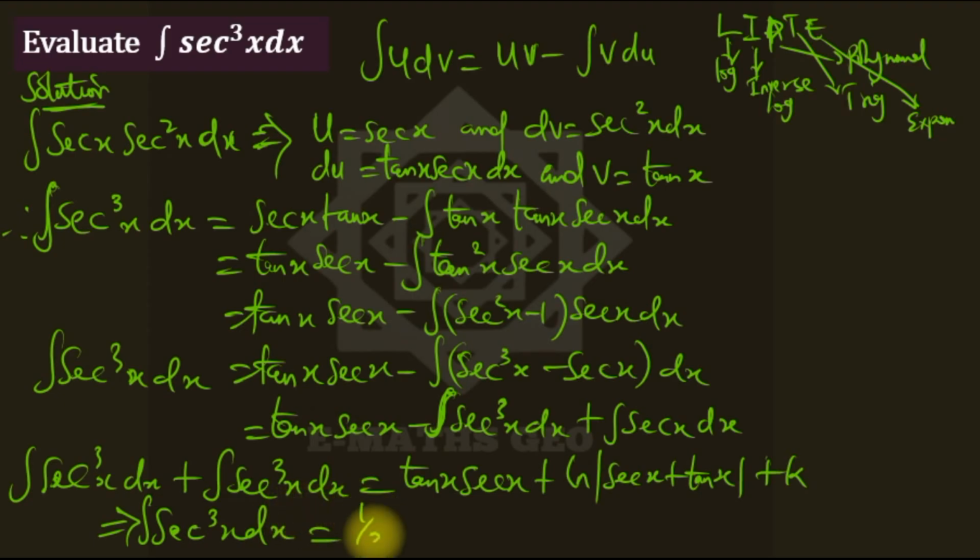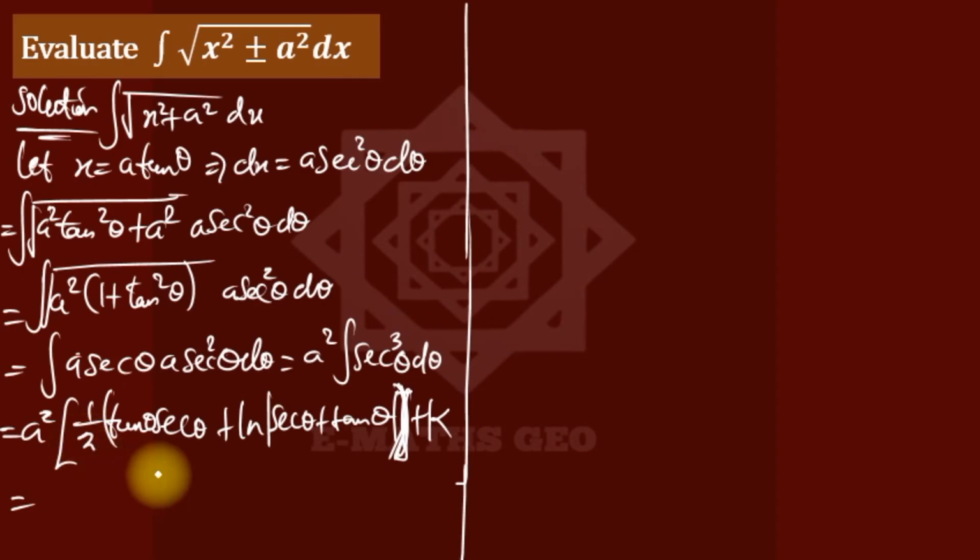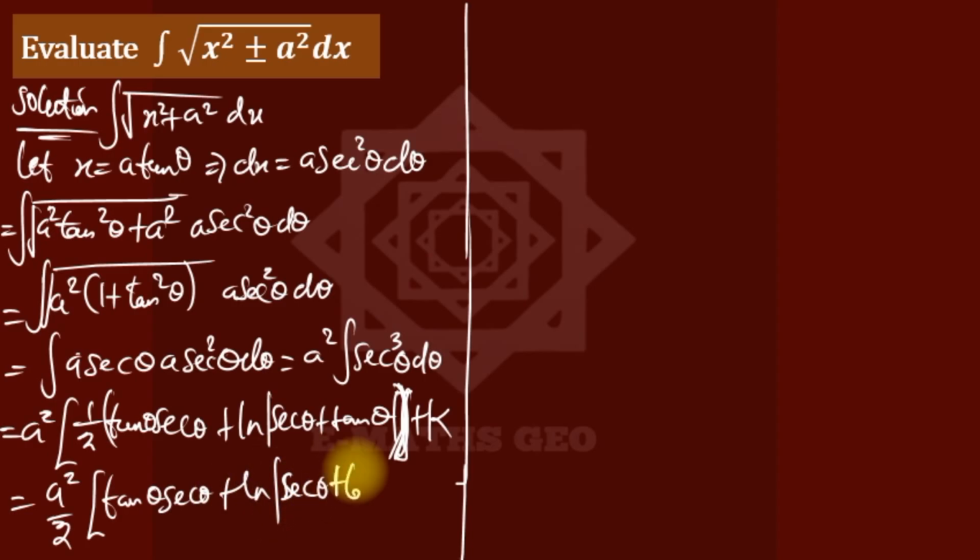We now have half, dividing both by 2, half of tan x sec x plus ln of sec x plus tan x plus k. So that's the answer. Half of this, we'll bring out the half. So we'll have tan theta sec theta plus ln of sec theta plus tan theta plus k.